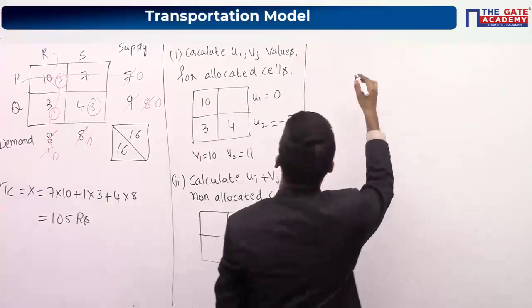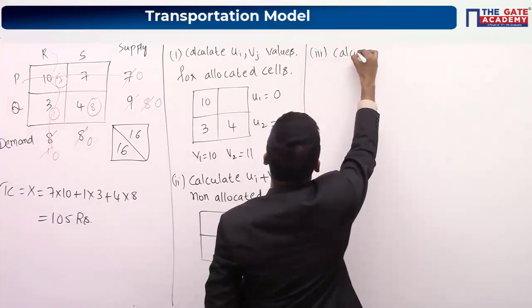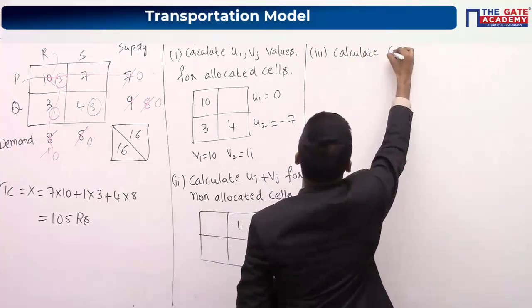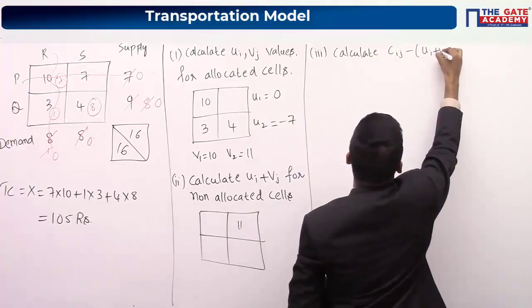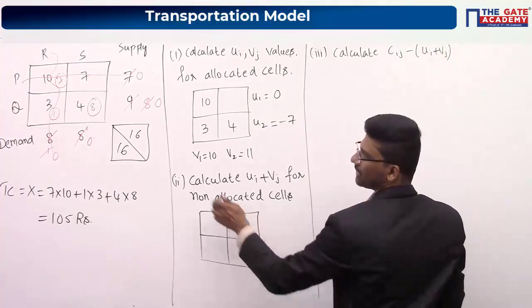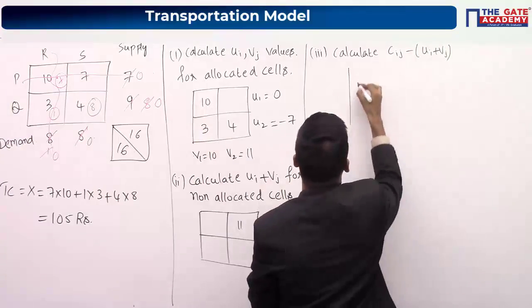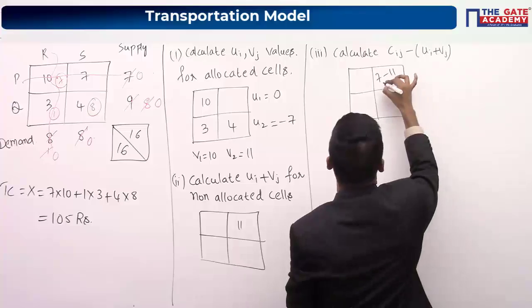Next, step number 3, calculate Cij minus (Ui plus Vj) for this particular cell. What is the Cij value? 7. So 7 minus 11, this is minus 4.